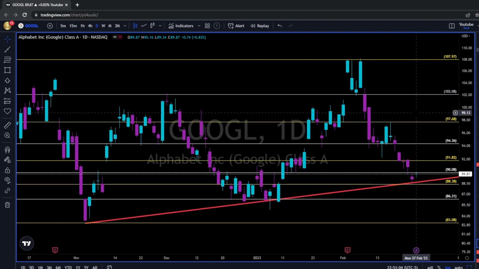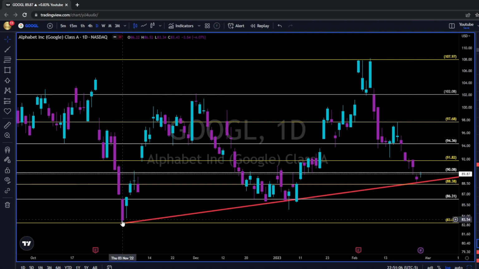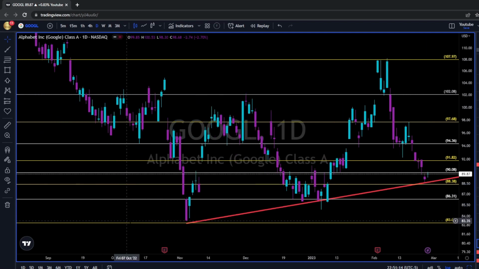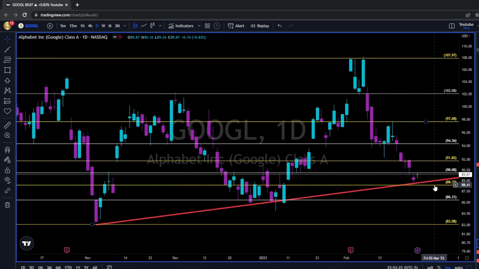It's not rocket science. Google, for now we have this trend line holding as support, the higher lows on a bigger time frame from November low. Here we have this low over here, December, January, and now let's see if we can validate a new higher low on Google.